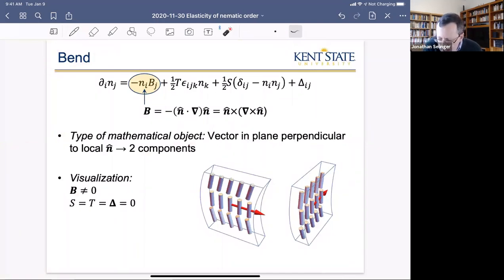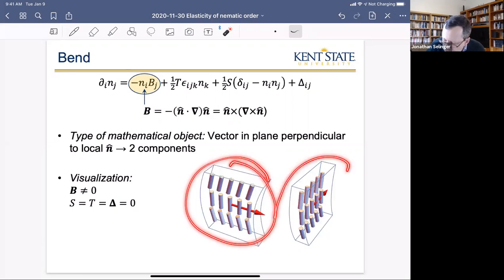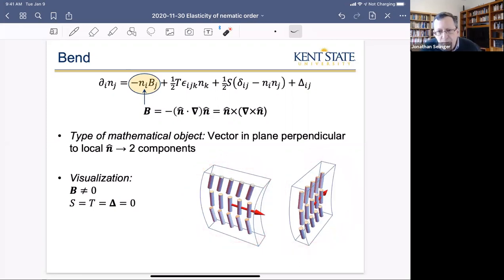So this is a director deformation which looks like either of these pictures over here. As you go along the director, you see a variation in which way the director is pointing.